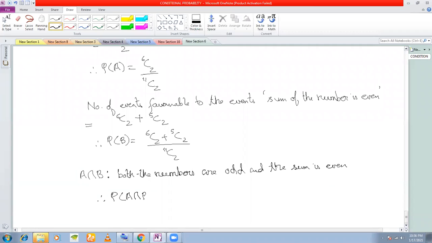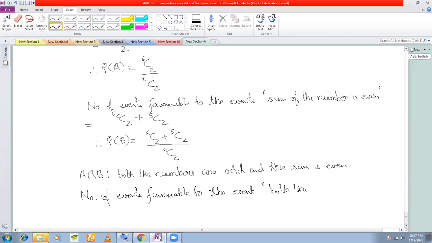P of A intersection B. If both the numbers are odd and the sum is even, then how many events are favorable to the event both the numbers are odd and the sum is even?